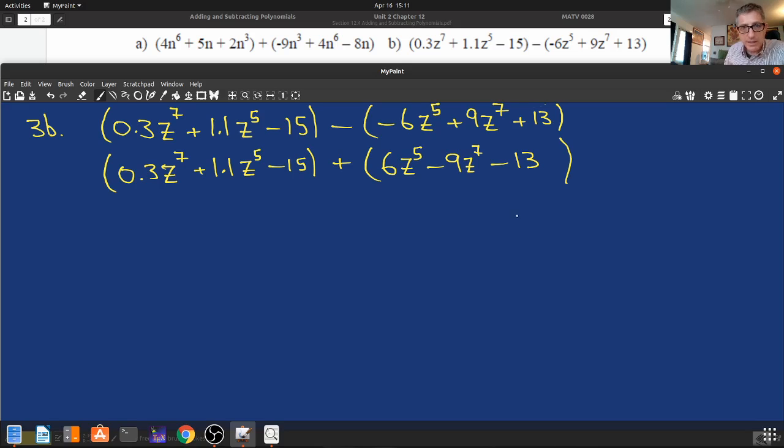So now let's collect like terms. We're going to collect the z to the 7th terms first. That's the degree 7 terms. Then we're going to go to the degree 5 terms.